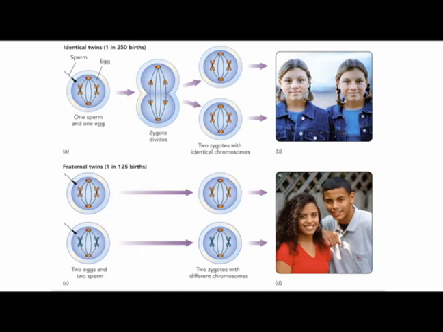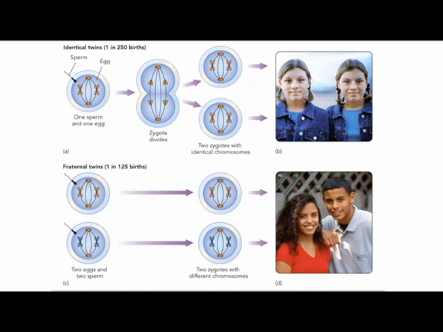And again, we call these dizygotic twins because we start with two distinct zygotes. So we have two fertilized eggs that turn into two individuals who both have different genetic material, about 50% differences and 50% similarities in their genetic material.